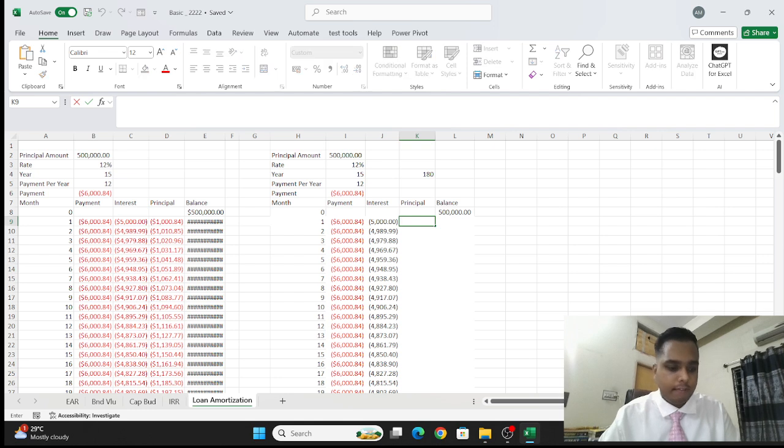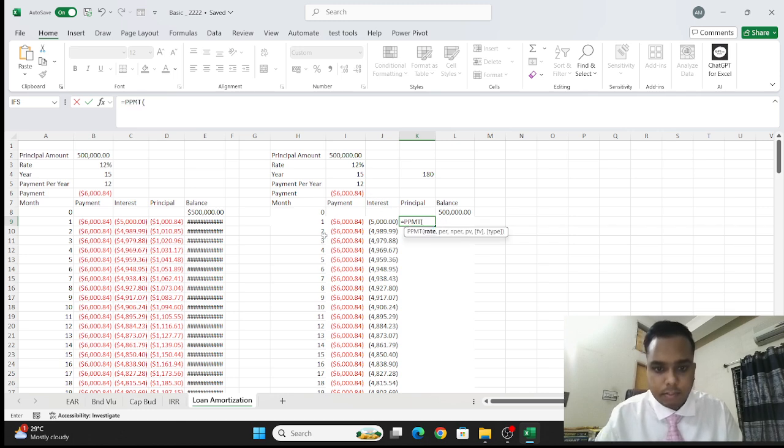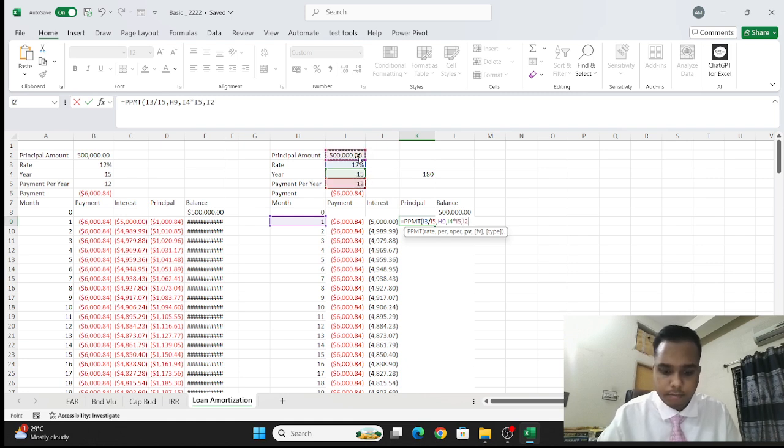For principal, we have to type equal PPMT. IPMT means interest payment, PPMT means principal payment. Rate divided by 12, per means 1, NPER, years into 12, PV, FV 0.